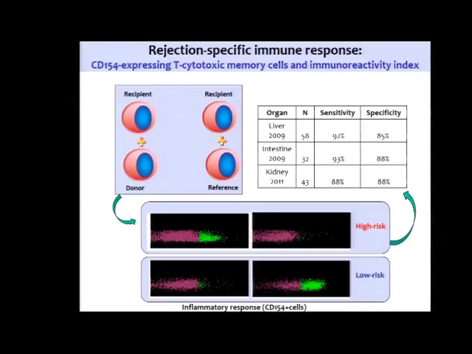So the last thing we pursued was the idea that perhaps within all these T cell types, there was one that might be the best predictor of rejection. And how did we do that? What we did really was to look at CD40 ligand production by the recipient cell in response to donor stimulation and in response to the reference third-party cell, the non-identical cell.